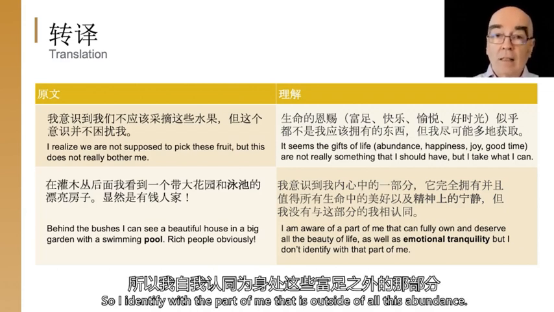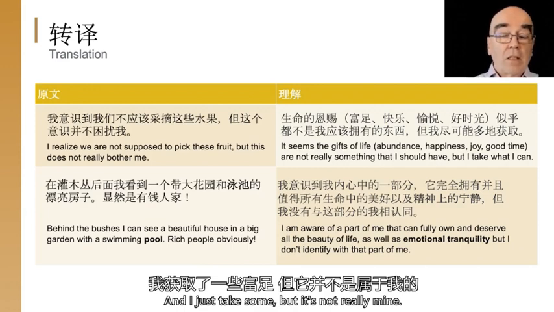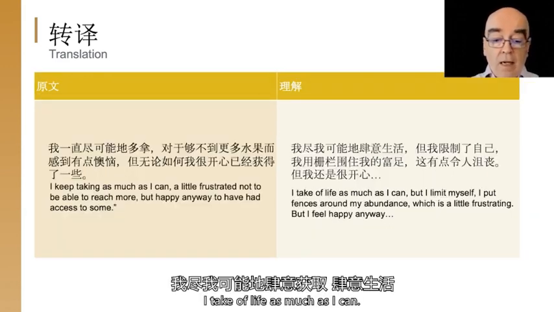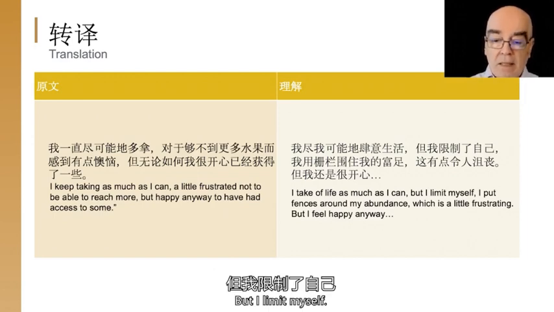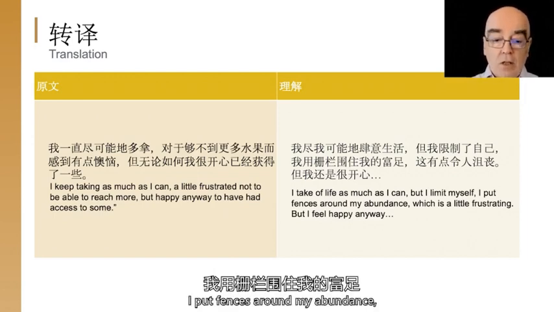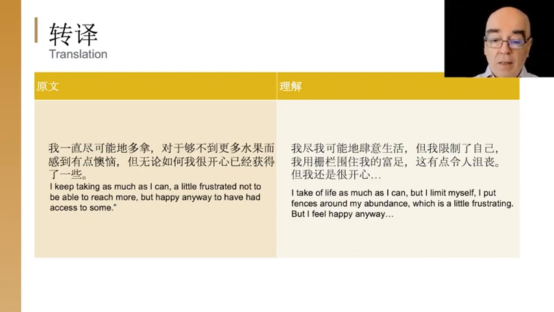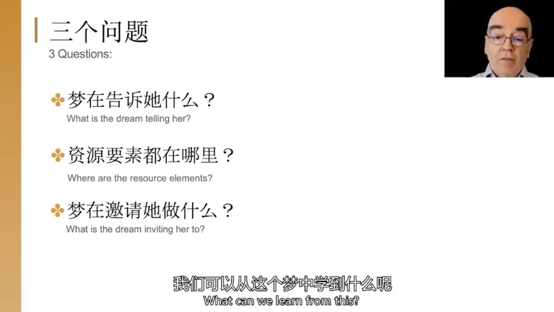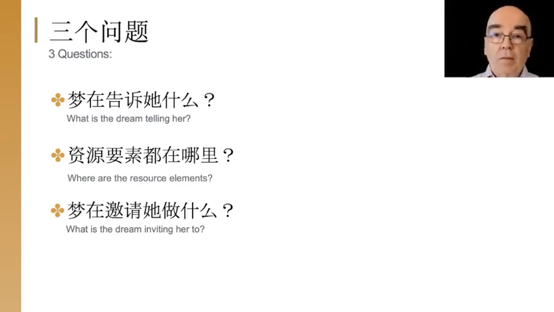So I identify with the part of me that is outside of all this abundance. I just take some, but it's not really mine. I take of life as much as I can, but I limit myself. I put fences around my abundance, which is a little frustrating, but I feel happy anyway. What can we learn from this? What is the dream telling her?